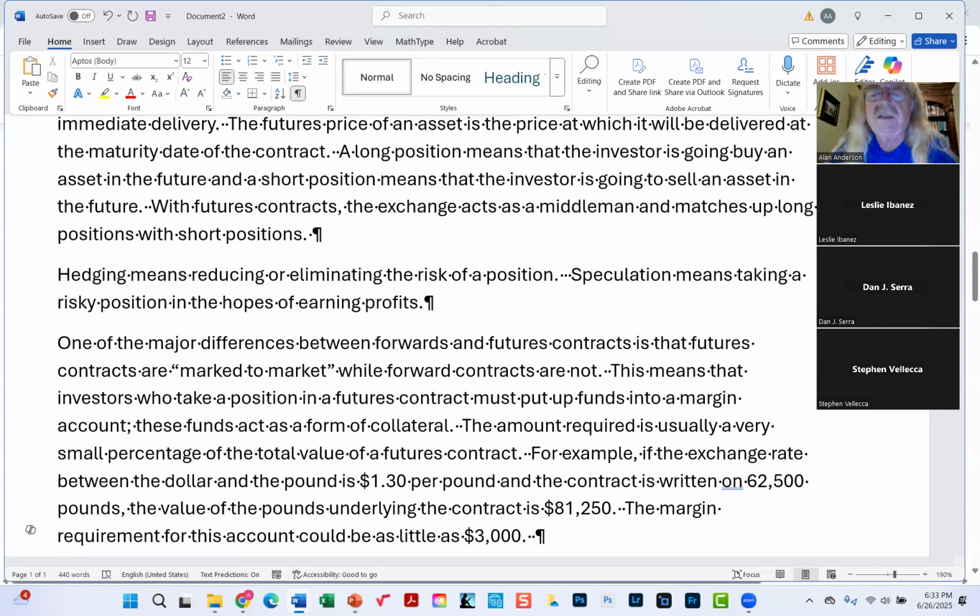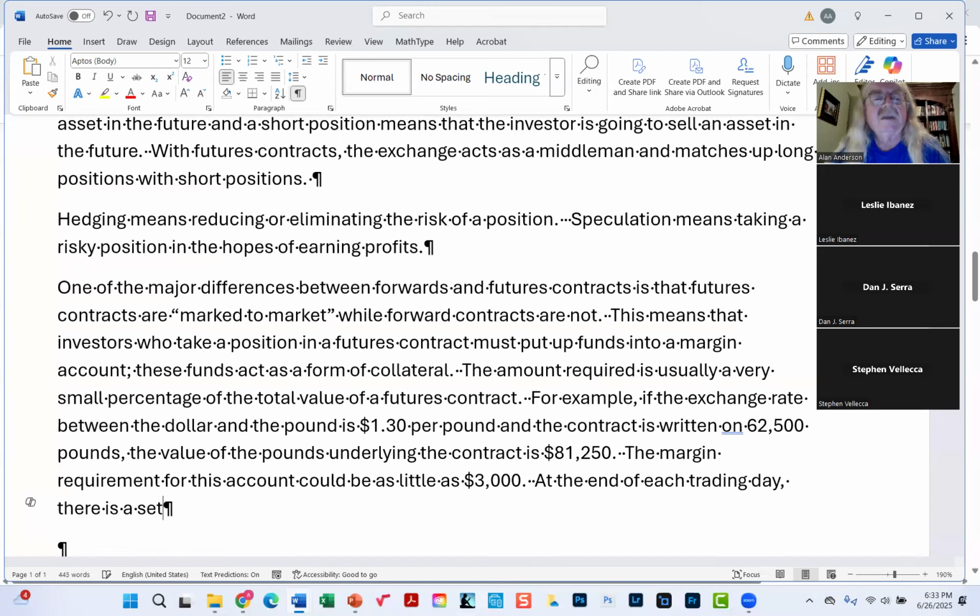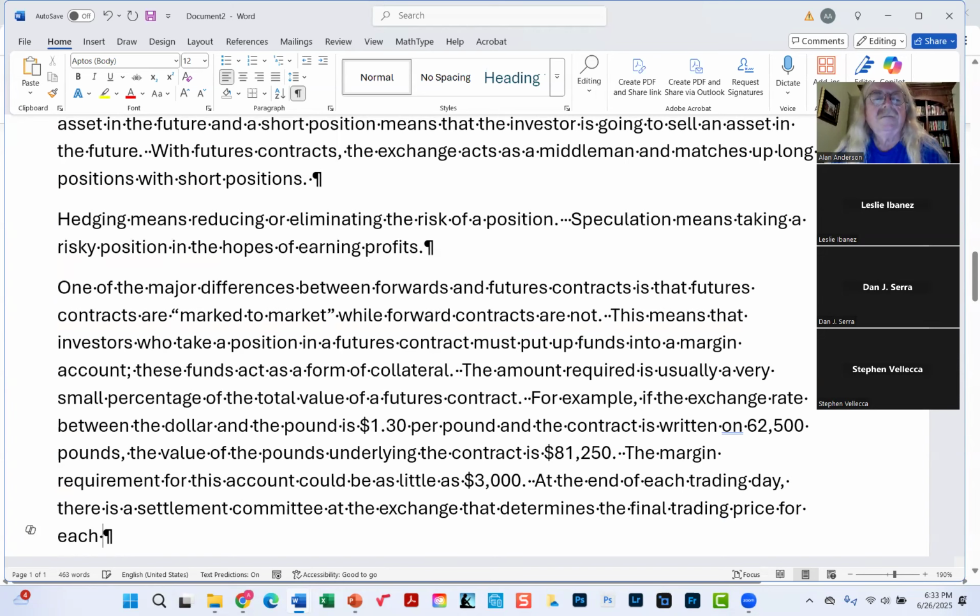All right. And the purpose of this is, so here's what's happening. The logic here is that if you have a bad day in the markets, I mean, at the end of each day, let's put it this way, there is a settlement committee at the exchange that determines the final trading price for each contract.